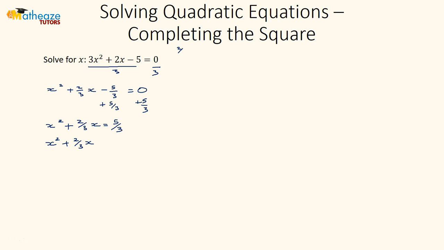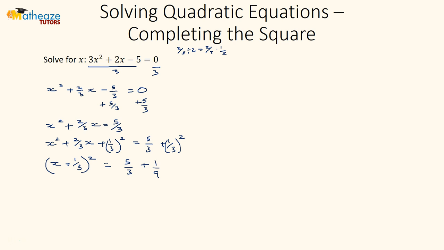So we have 2/3 divided by 2, which is 2/3 multiplied by 1/2. So that's going to be 1/3. So this is plus 1/3 squared is equal to 5 over 3 plus 1/3 squared. So this becomes x plus 1 over 3 squared equal to 5 over 3 plus 1 over 9.